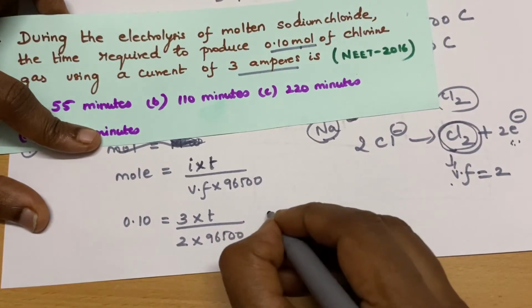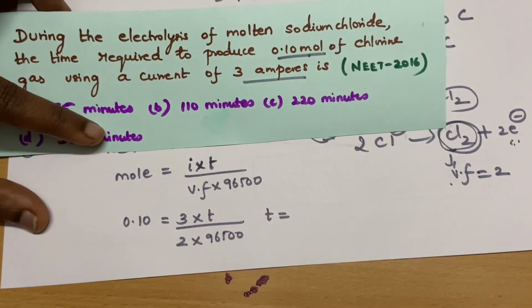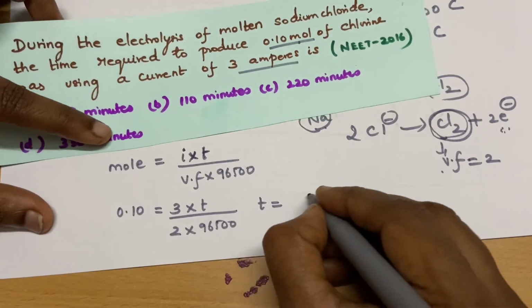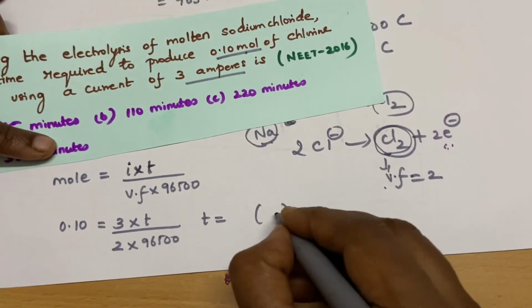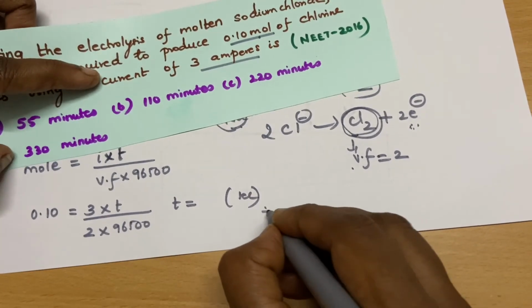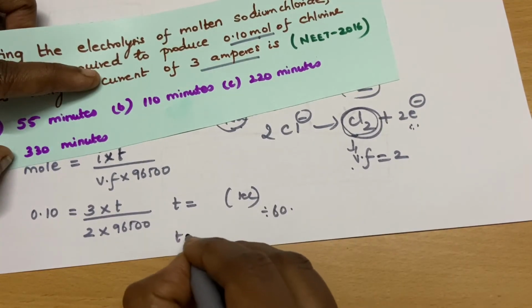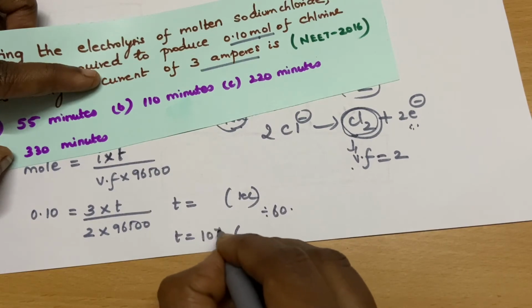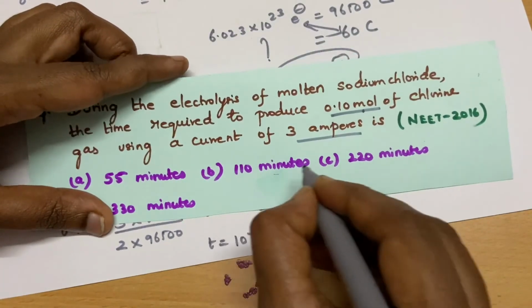When you do it, first you get the answer in seconds, but the answer is given in minutes, so divide that by 60. The answer will be 107, which is very close to 110.